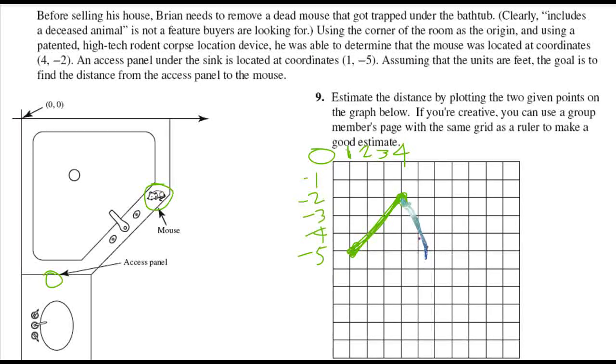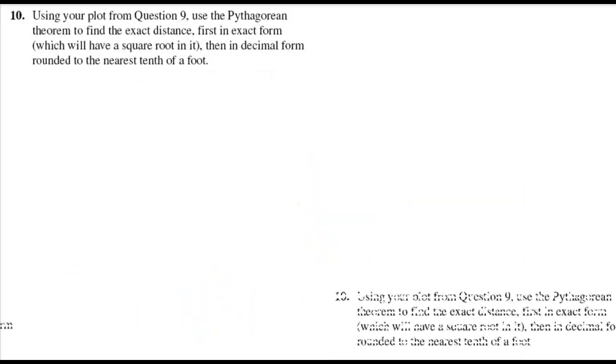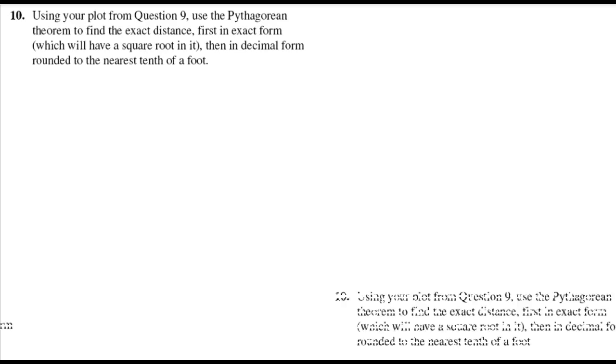So about 4.5 feet. And let's go on. In fact, question 10 does ask us to calculate it using the Pythagorean theorem. So go ahead and do that. Restart the video once you're done.